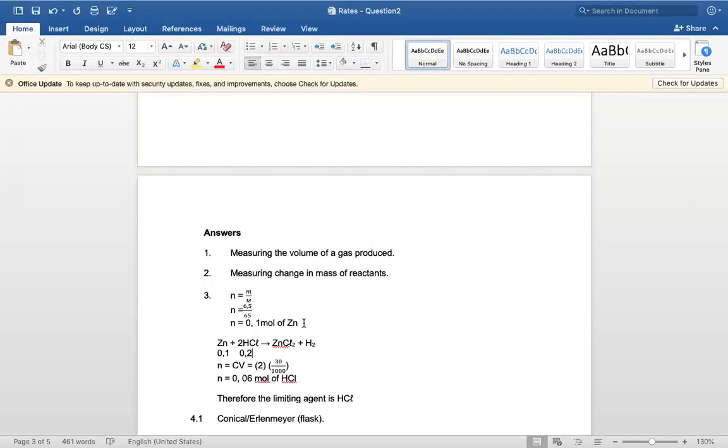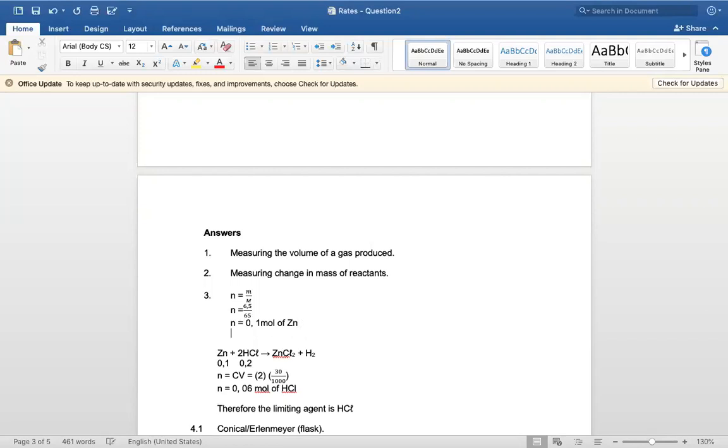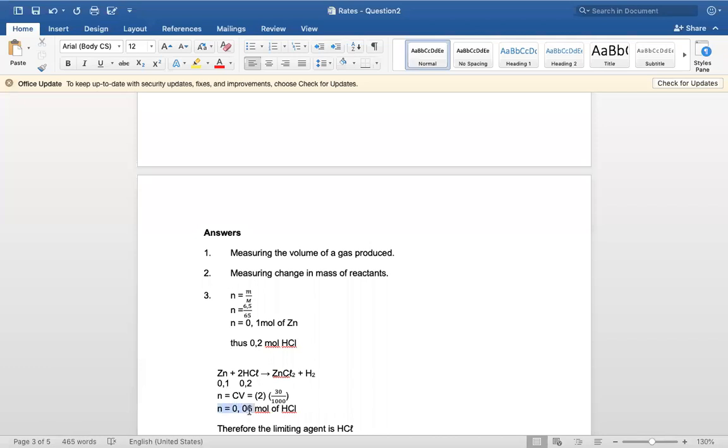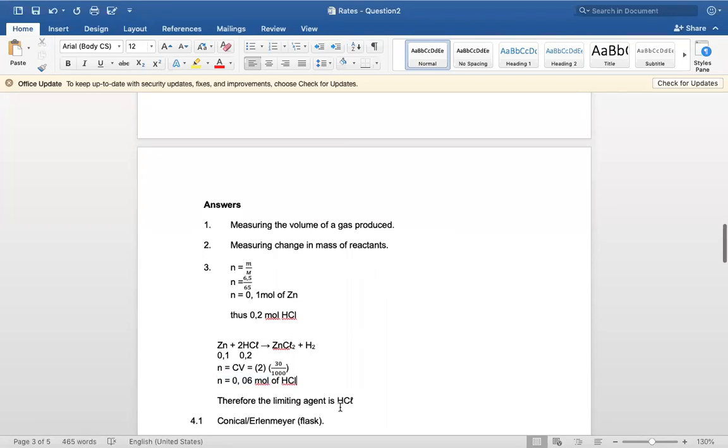If you had 0.1 mole of zinc, it means you need 0.2 mole HCl. But how many moles of HCl do we have? We worked it out. We only got 0.06 moles of HCl. We're short. Therefore, HCl is the limiting reagent because it gets finished first. In your head, you'll say because it was used up first. This is in your head.